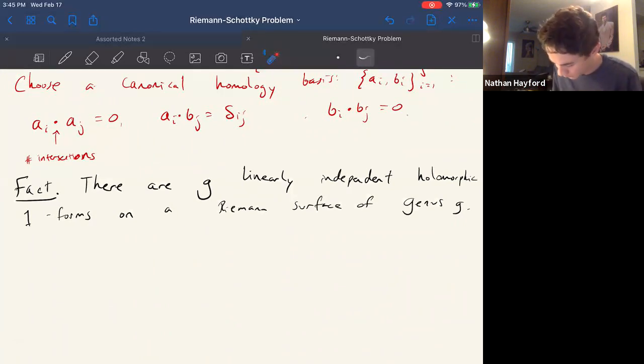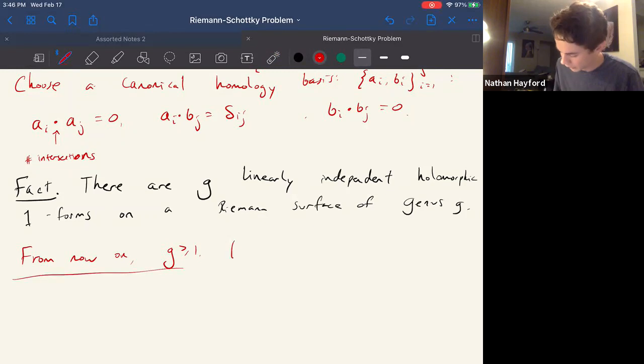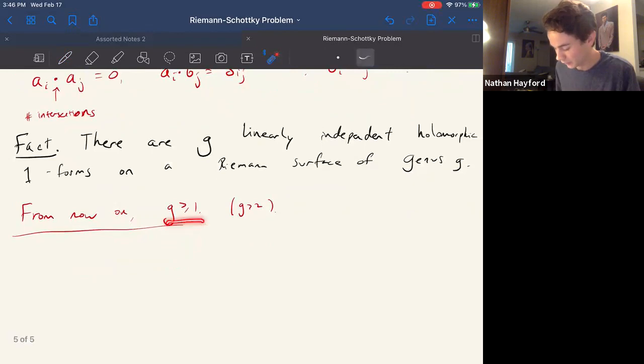From now on, G is greater than or equal to 1. And sometimes I'll even take G greater than 2, as there's a distinction. Genus 1 is a special case, but unless I specify, it will always be genus G greater than 1.